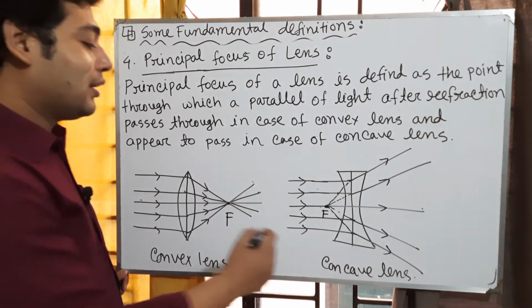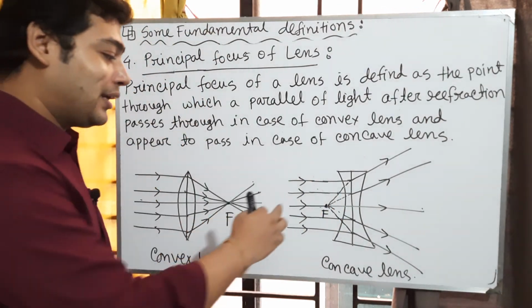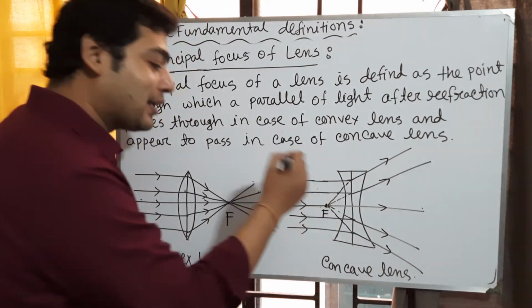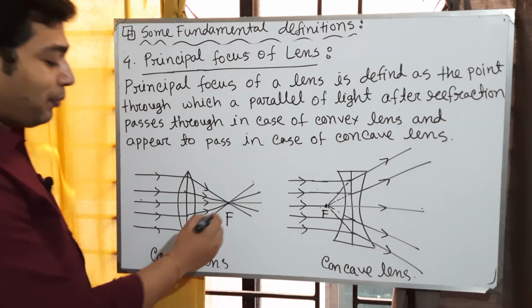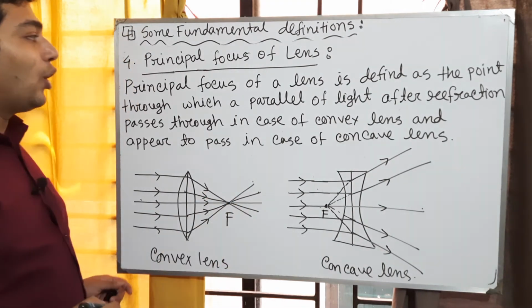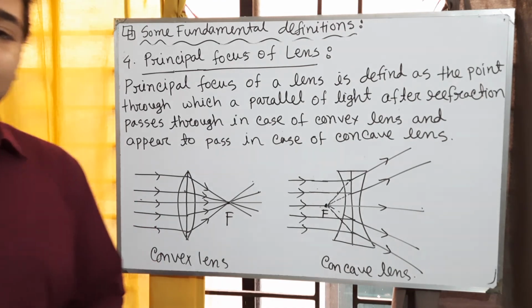This point is situated on the principal axis. So this point F is called the principal focus of the lens.